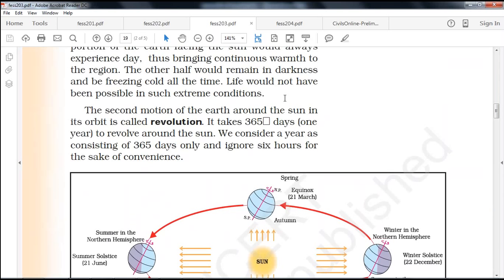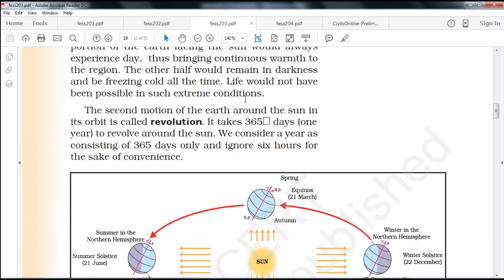So one side will be extremely hot, the other side will be freezing cold. In such extreme conditions, life on Earth won't survive. So the rotation of Earth is important so that we have days and nights. In the daytime we can work, in the night we can take rest.